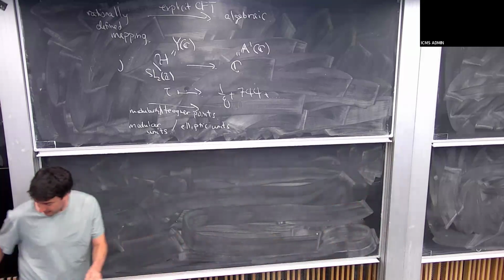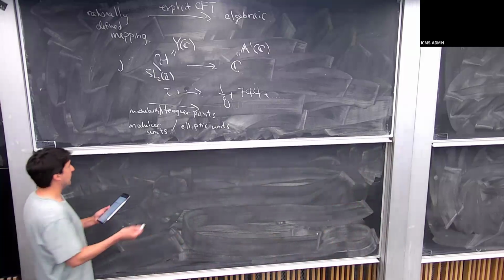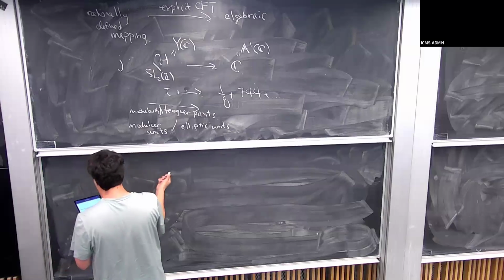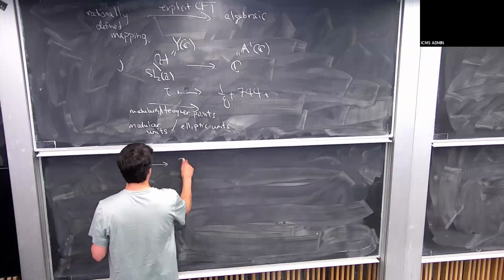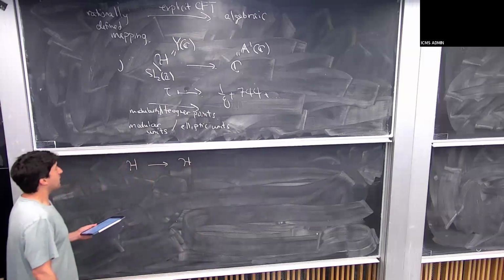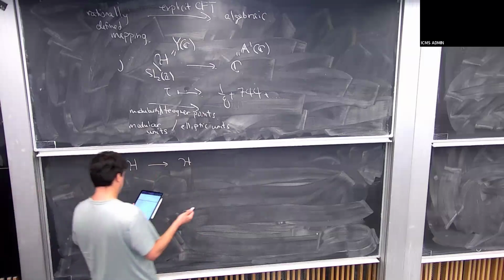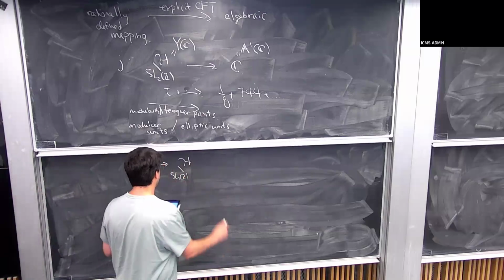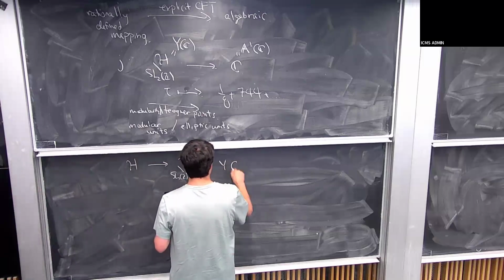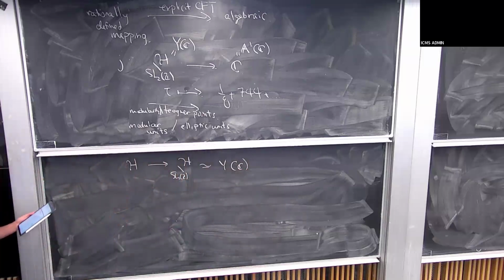So the classical case of modular curves, in that case, we have the complex upper half plane. When you mod out by a congruence arithmetic subgroup of SL2 over Q, so for example SL2Z, you get the complex points of a Shimura variety, an algebraic variety over Q, in this case an algebraic curve over Q.